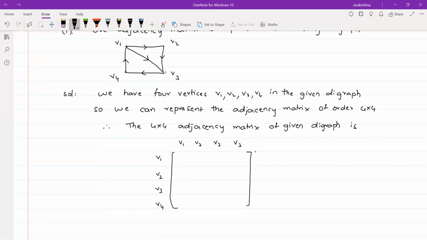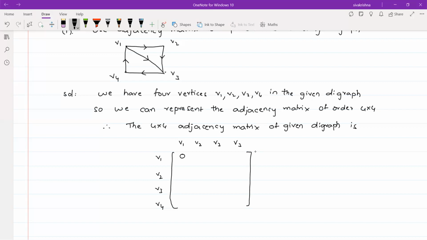Okay, so the first row, first element should be V1, V1. It means, is there an edge from V1 to V1 in the given digraph? If there is a self loop in the digraph, then we have to write the element 1. In the given digraph there are no self loops, so we have to write 0.